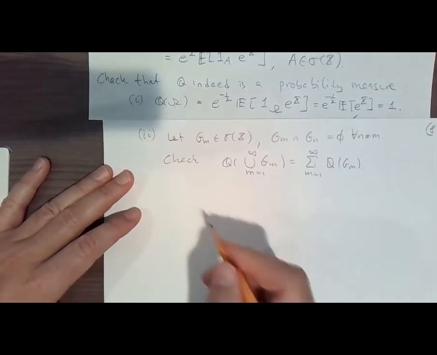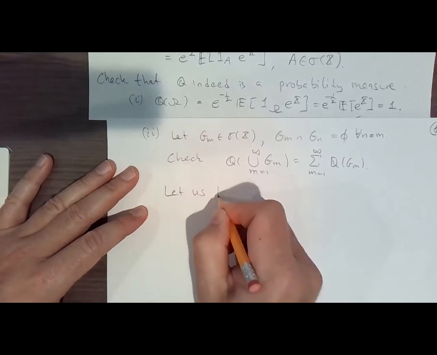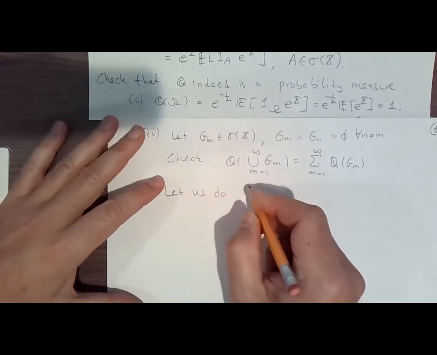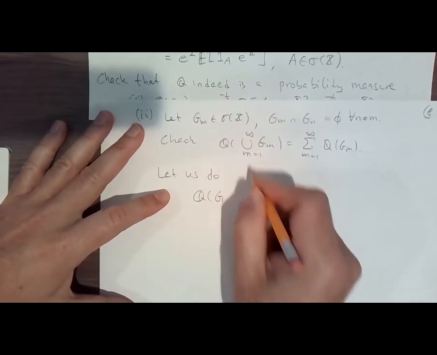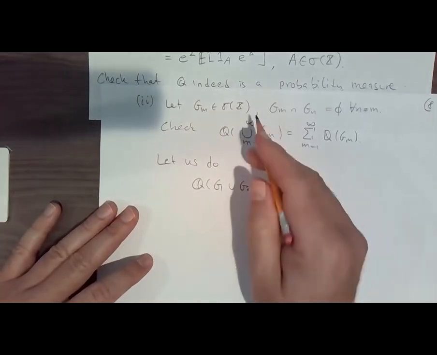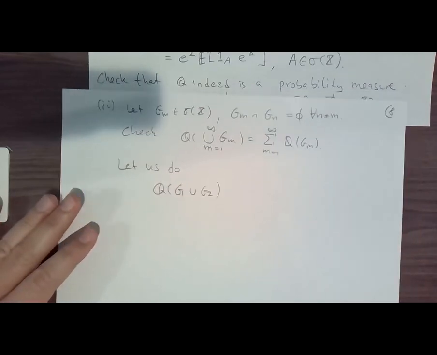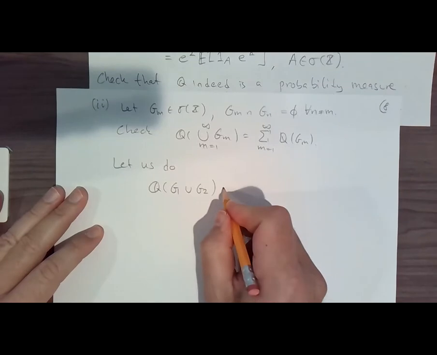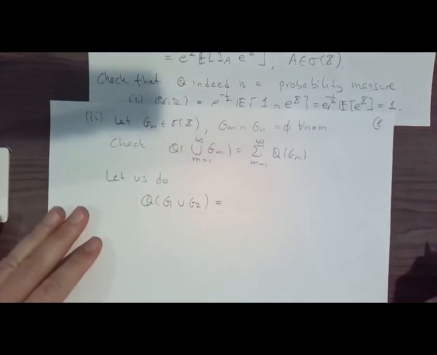So let's do a simpler case. Let's do Q of G1 union G2. It's not quite what we need, but maybe this is good enough just to get an idea about why this creation works. Why does this one here work? Well, I'll use the formula.